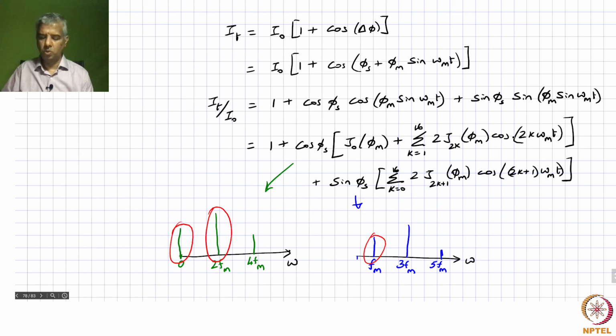You look at the 2 omega m component with respect to the omega m component, and that can also give you your phi s.